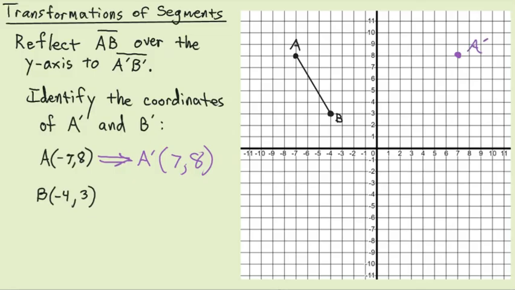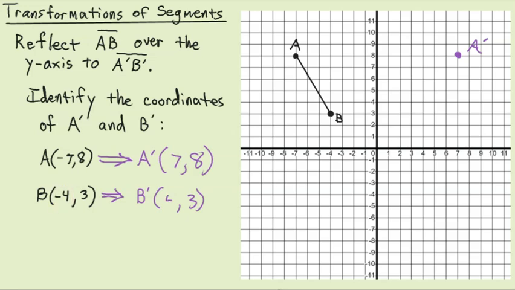Now we're going to transform B into B prime, and we're going to do the exact same thing because we're reflecting over the y-axis. We reflected A over the y-axis. Now we're going to reflect B over the y-axis. Again, we're going to keep the y-coordinate, we're going to keep the 3, and then we're going to take the x-coordinate and make it negative. So we're going to have negative negative 4.